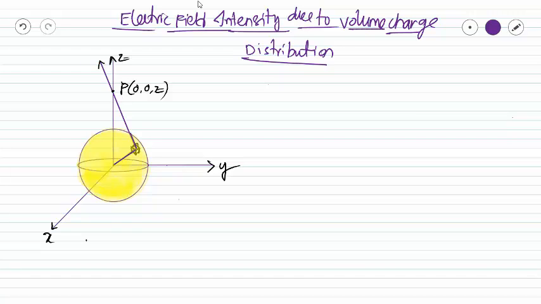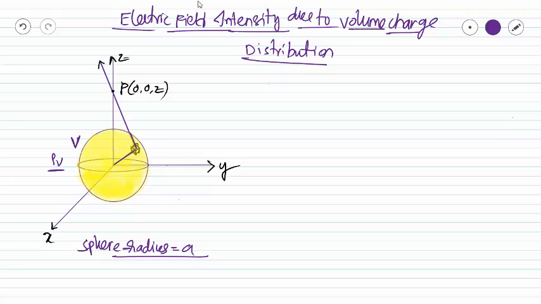Volume charge distribution means the charge will be specified by the volume charge density rho v. So this is the volume v with charge density rho v. Let us say this is a sphere of radius a.